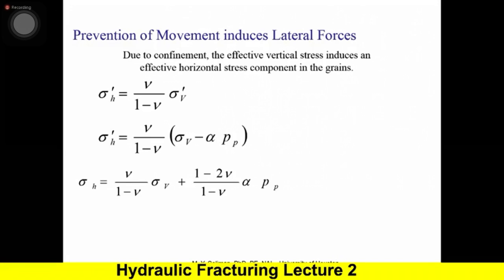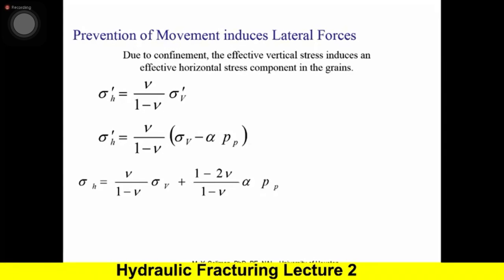And so if I apply this concept, then I can say when I apply effective stress vertically, which is sigma V dash, there will be sigma H dash. There will be an effective horizontal stress moving sideways. The relationship between the two is based on Poisson's ratio.